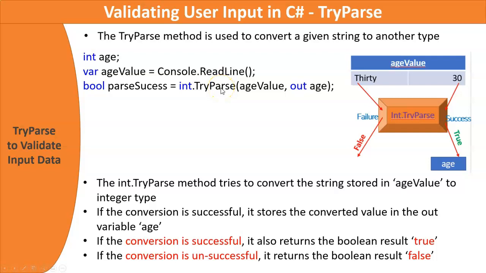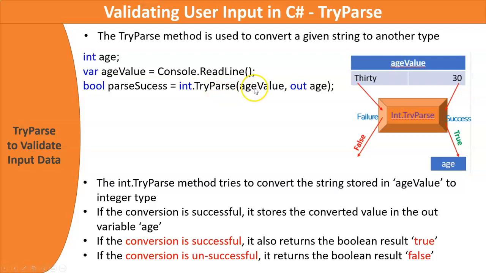Let's consider a case where the TryParse can be successful. Consider that you are supplying the numerical value 30 in response to this Console.ReadLine statement. In that case, the numerical format 30 will be stored into the var type variable age value. Now consider this TryParse conversion.